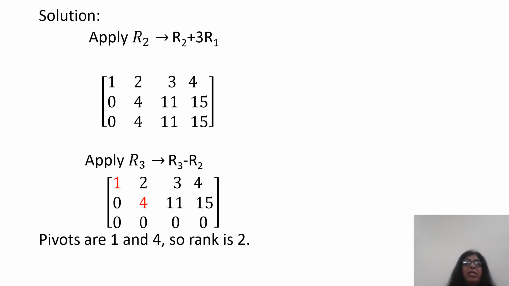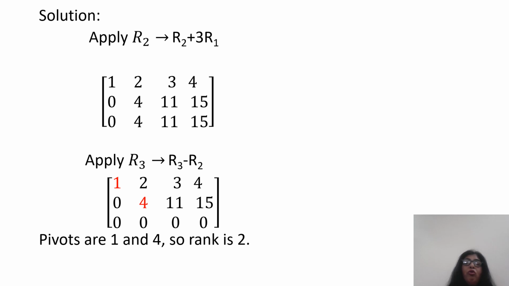The first operation I am applying is R2 plus 3 times R1. Whatever R1 is, you multiply each entry of R1 with 3 and add it to R2. So what you will get: 4, 11, 15, and the entries in the third row are 0, 4, 11 and 15.